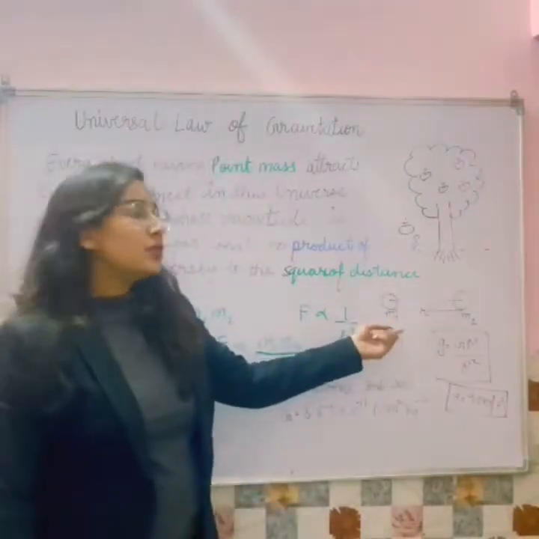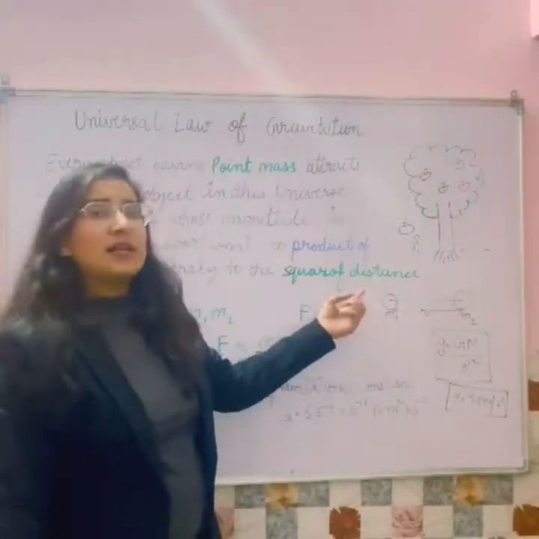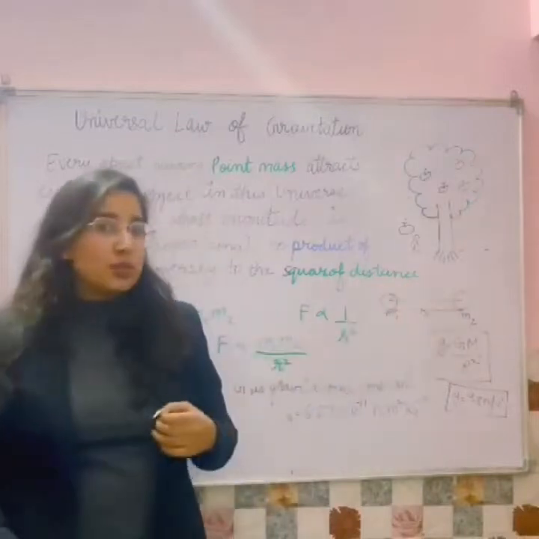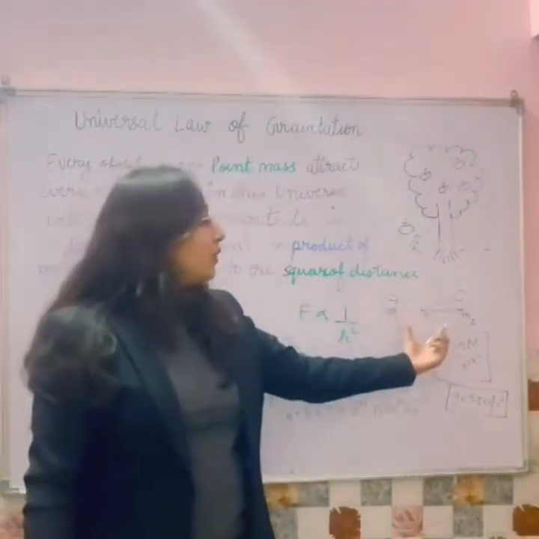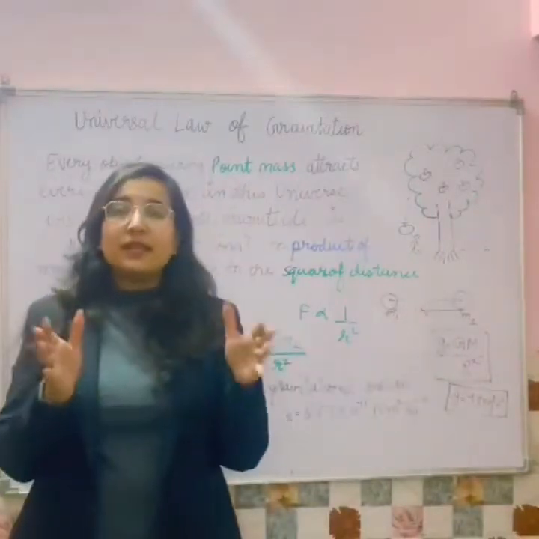Let us consider two objects, one having mass m1 and one having mass m2. They are separated by a distance r. So what will be the force of gravitation between them?